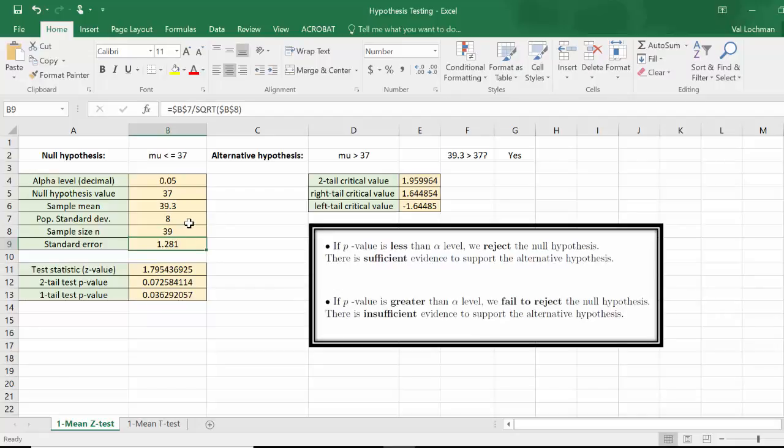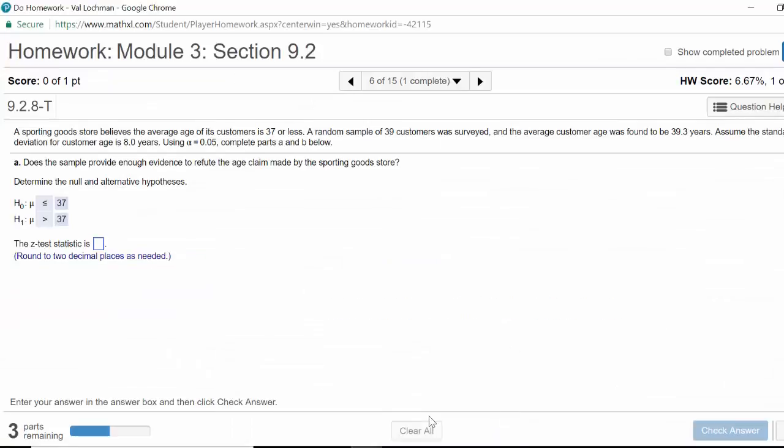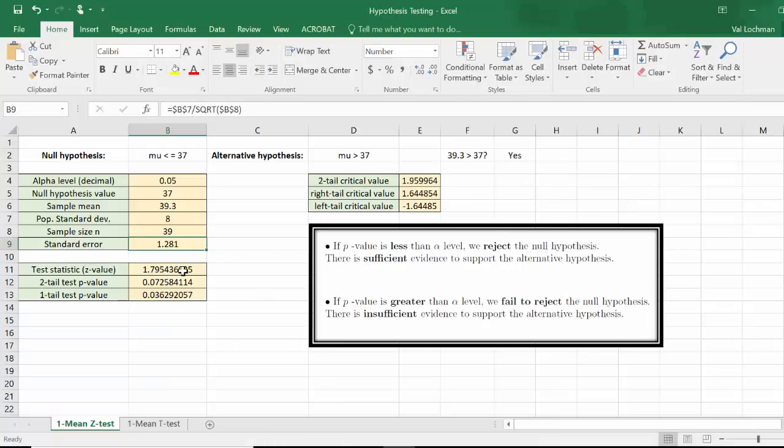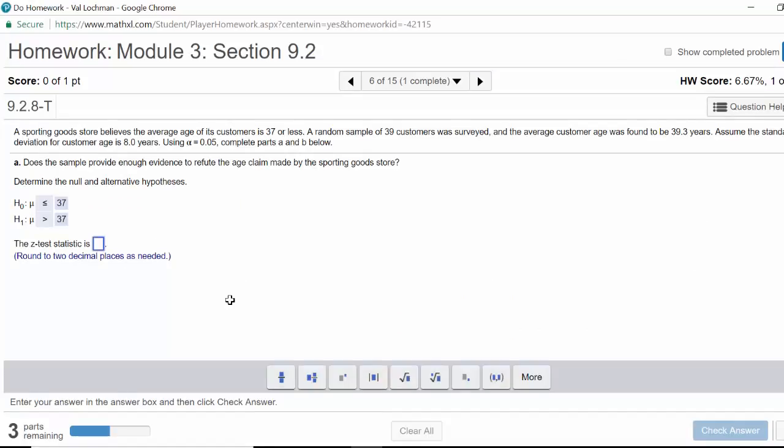All of the numbers are computed for us, so it's up to you which method you're going to use. Well, the problem, I think, is asking us to do both ways. So the z statistic for this problem is right here, 1.795. Two decimal places, that would be 1.8.